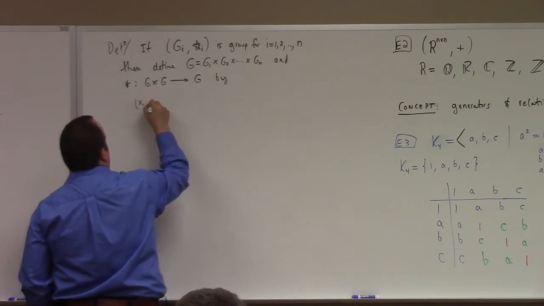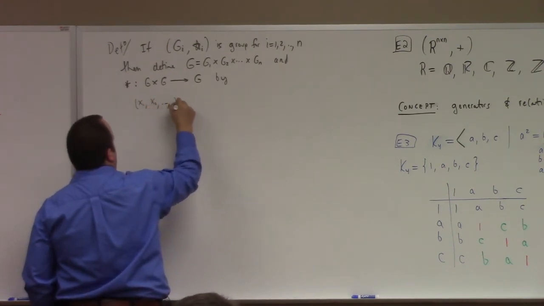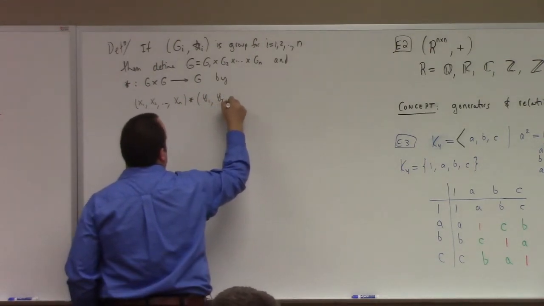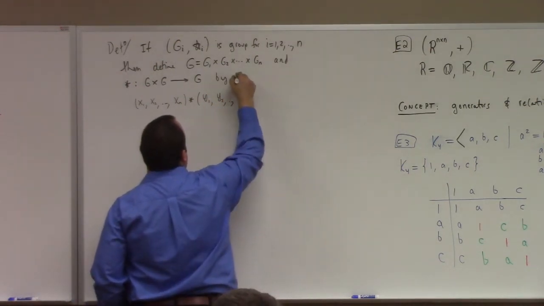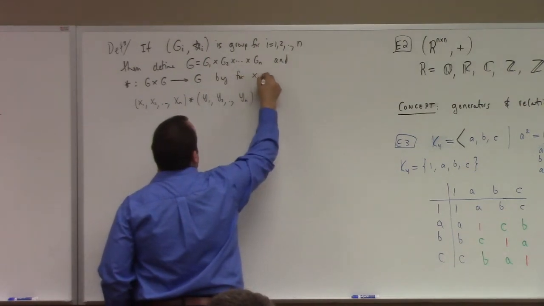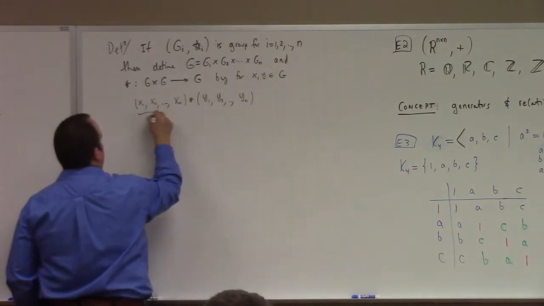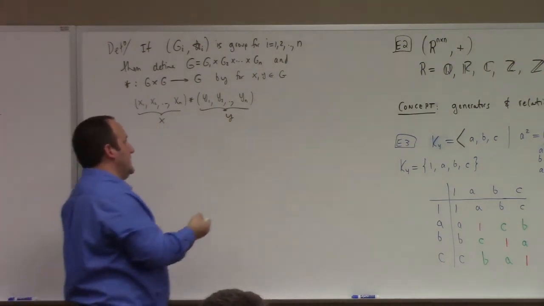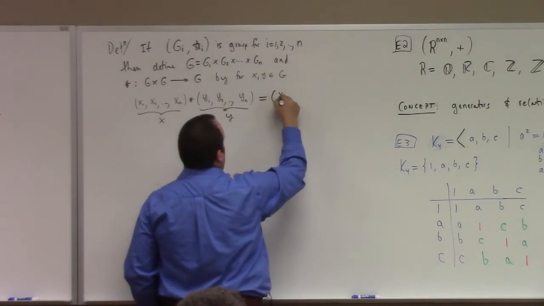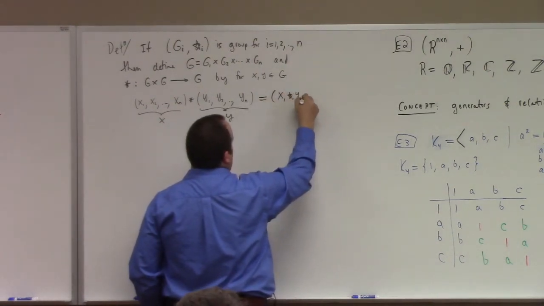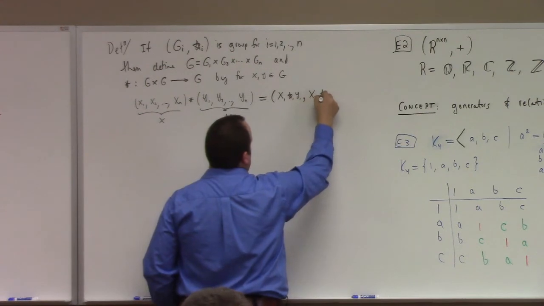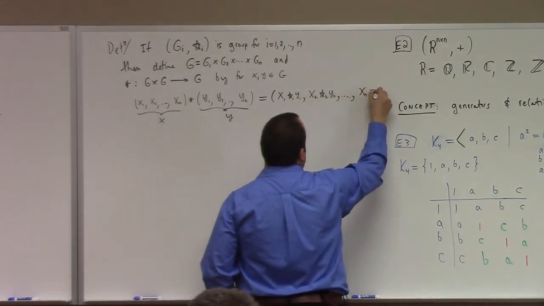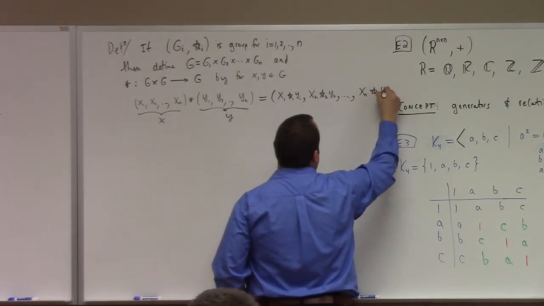If we have x1, x2, ..., xn, and we want to multiply that by y1, y2, ..., yn, so let's say for x and y in G, this is x, this is y. x times y, how do we define it? x1 star_1 y1, x2 star_2 y2, ..., xn star_n yn.